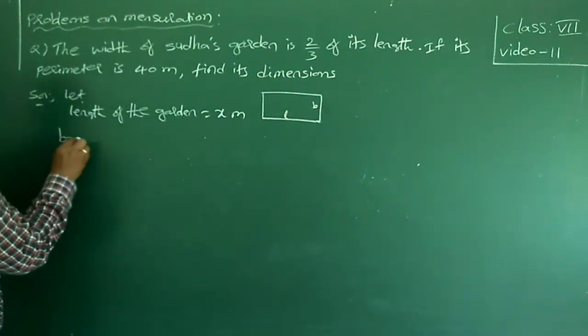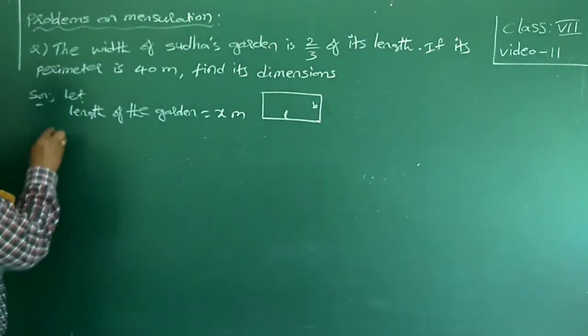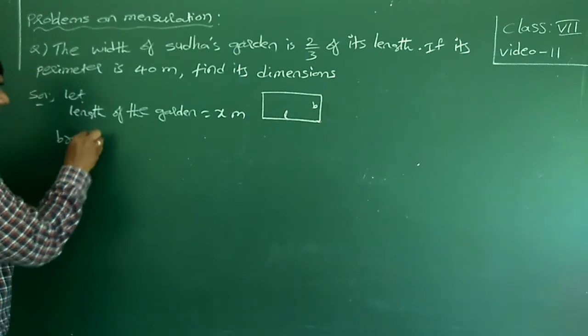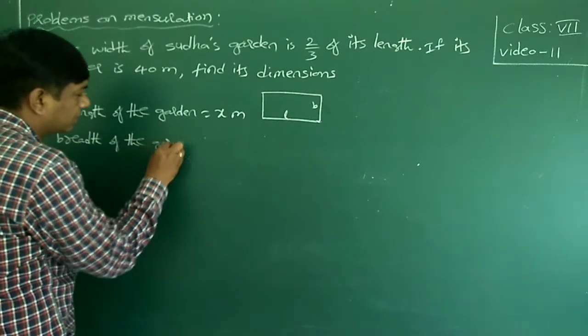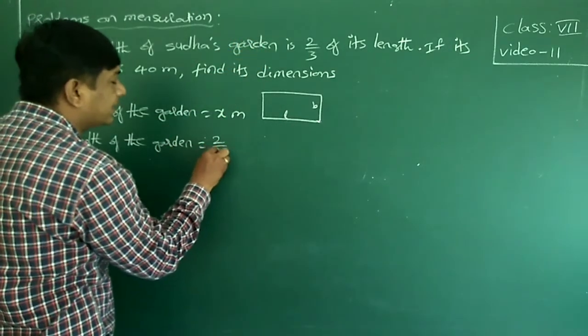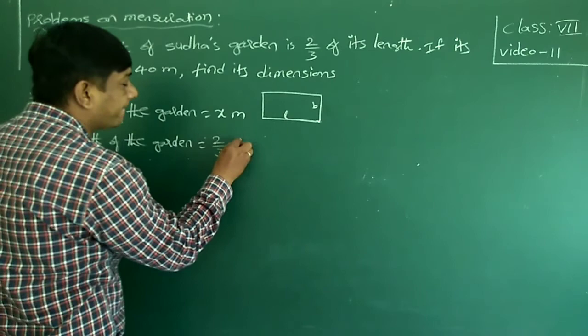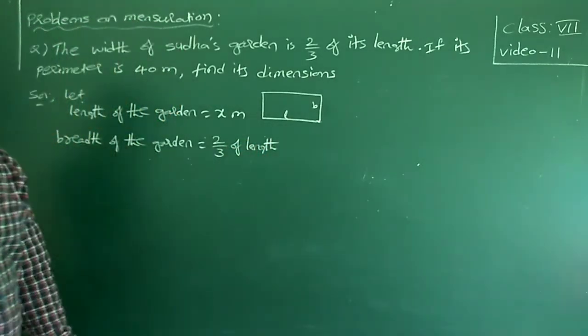Now breadth of the garden, breadth or width, both meanings remain the same only. Breadth of the garden is equal to 2/3 of length, meaning 2 by 3 of length.